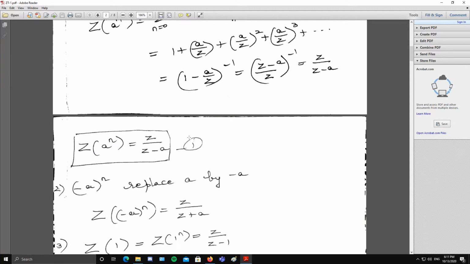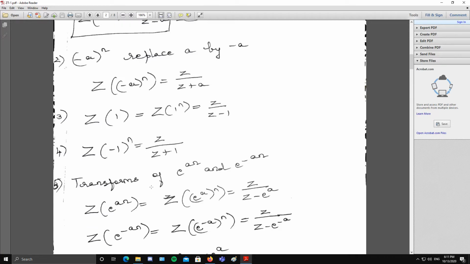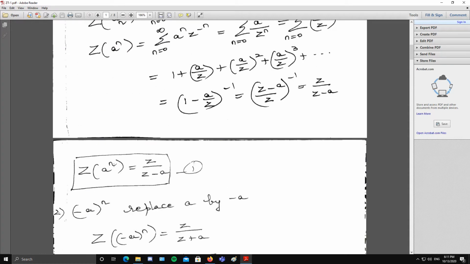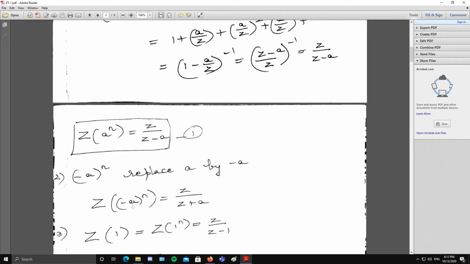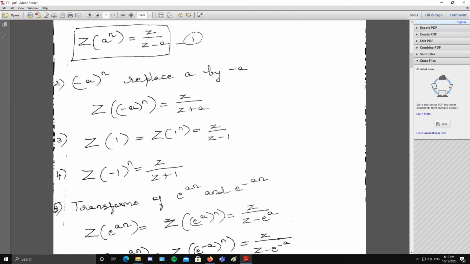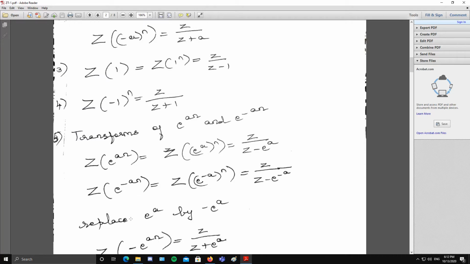If you are asked to write the proof of minus a whole power n, or 1 power n, or minus 1 whole power n, or e power a n, or e power minus a n, you write the proof of the first one. In the last step you replace a by minus a if you have to get minus a the whole power n, a by e power a if you have to get z of e power a n, a by e power minus a if you have to get the transform of e power minus a n.